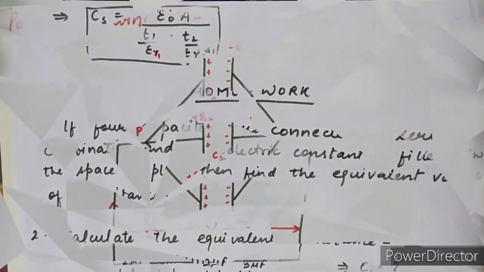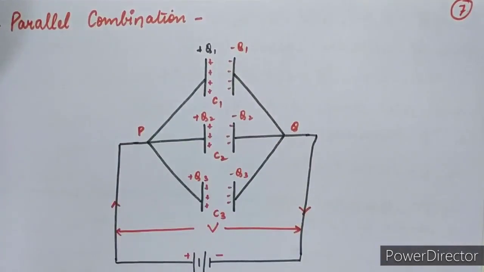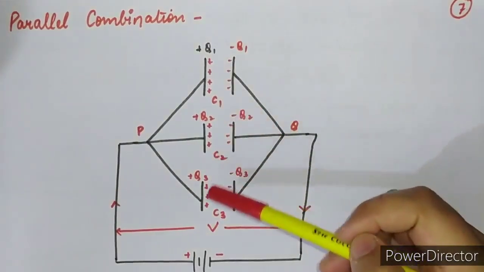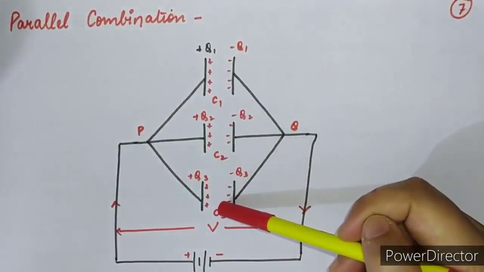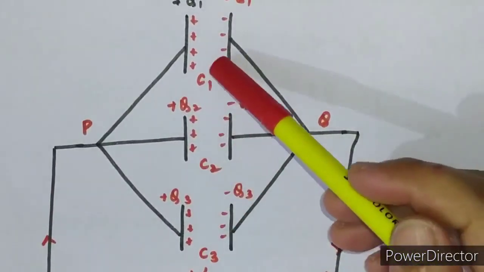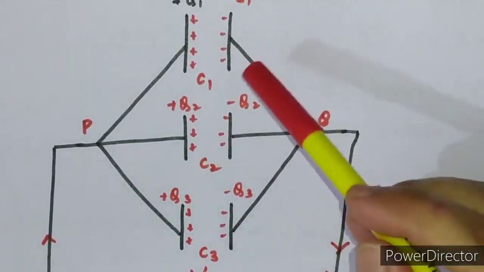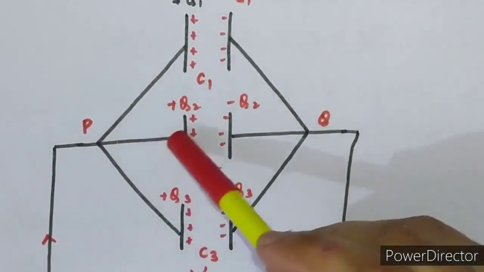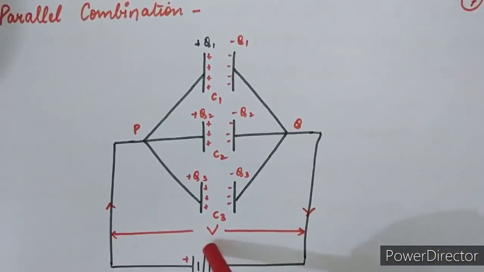Now the parallel combination, which we will discuss next. In this parallel combination, three capacitors, C1, C2, C3, are connected. Three parallel plate capacitors are connected in parallel, and these three are connected to the terminals of a battery.